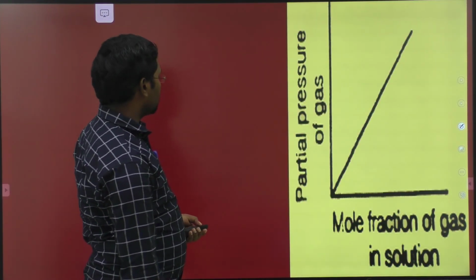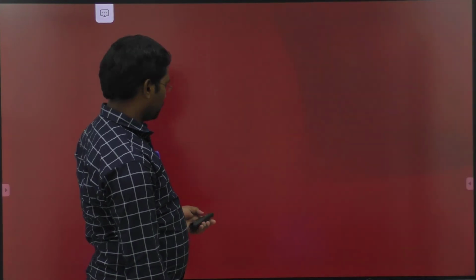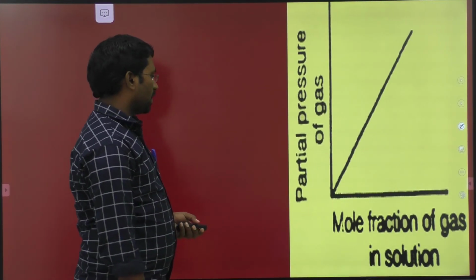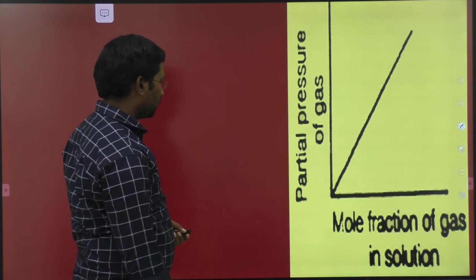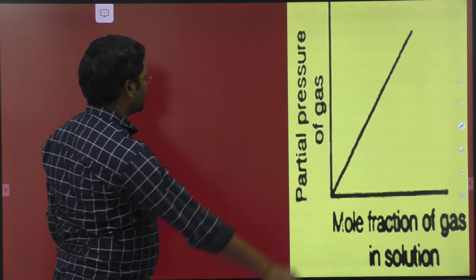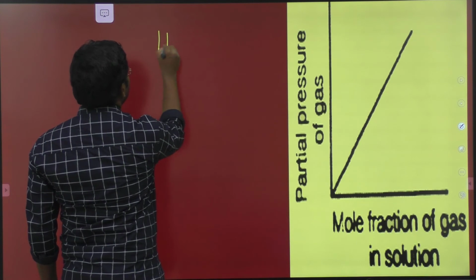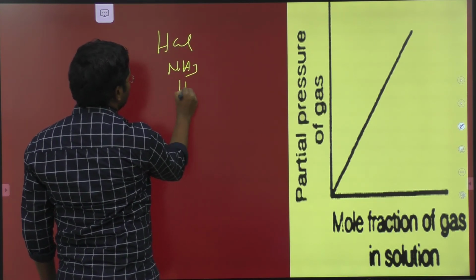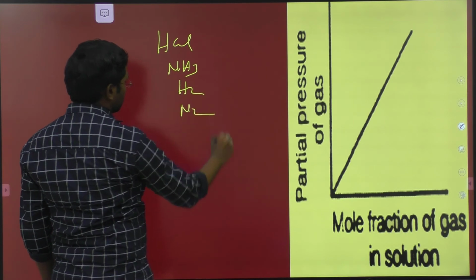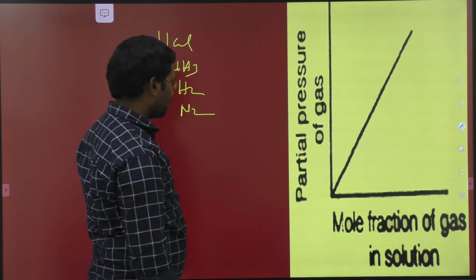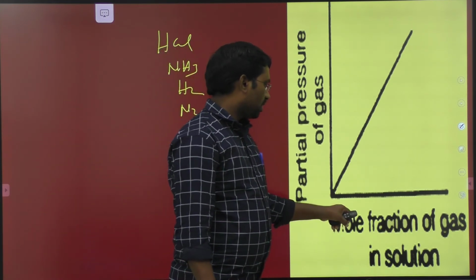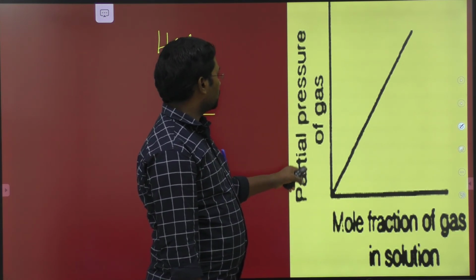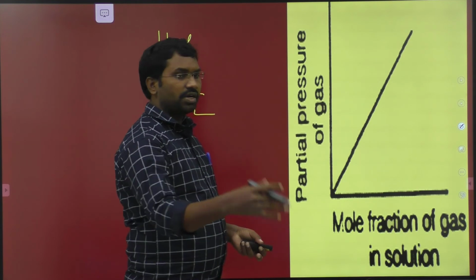Once you look at this graph, in that graph we have to see some important values. For different gases, if we are taking any gas like HCl gas or ammonia gas or hydrogen gas or nitrogen gas, we draw the graph with the mole fraction of the gas on the x-axis and the partial pressure of the gas on the y-axis.